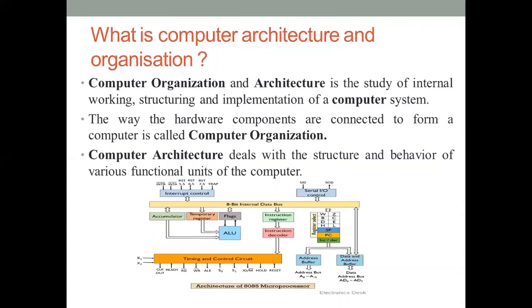There are several functional units inside a computer, like input output devices, arithmetic and logic units, and timing and control circuits. All these constitute what is called computer architecture. Best examples of computer architecture are the ARM architecture and the von Neumann architecture. These are several computer architectures.